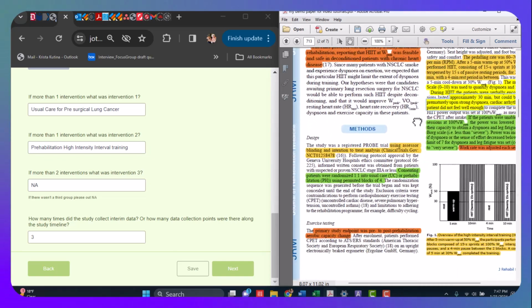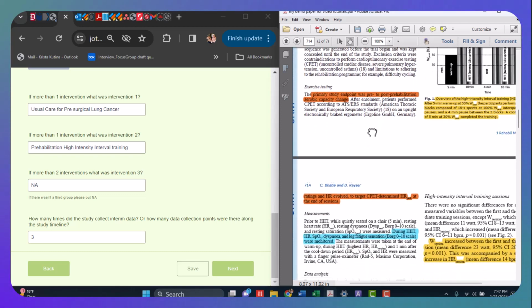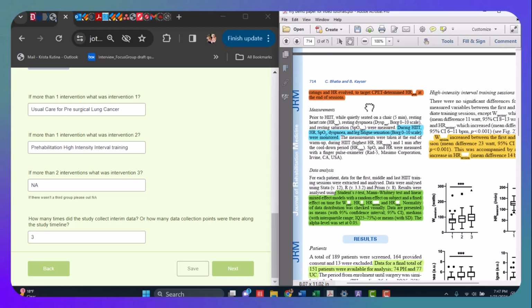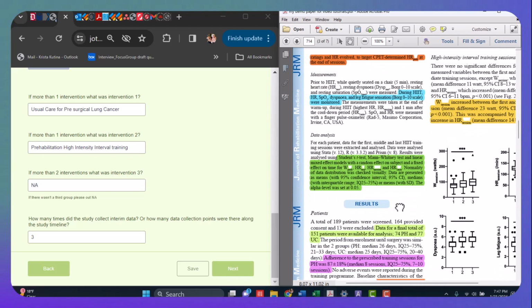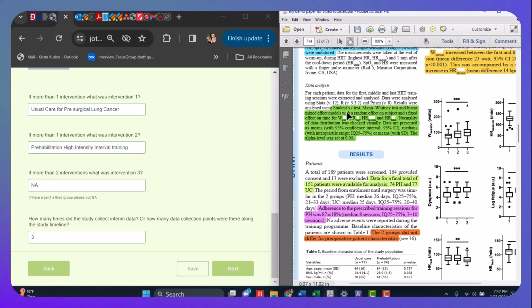Their results are reported really pre-post, and that's what they were looking for. Their primary endpoint was pre to post aerobic capacity change in the 6-minute walk test. But they took measurements 3 times: in the beginning, in the middle, and at the end. And that is how they analyzed it as well. So for each patient, it was first, middle, and last.